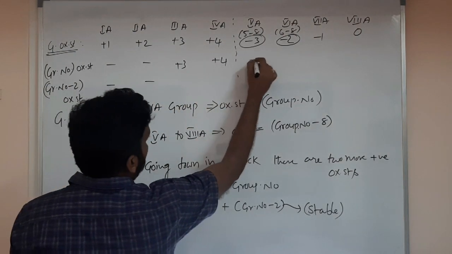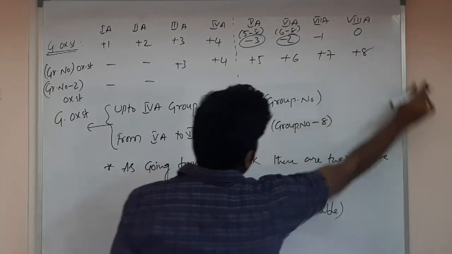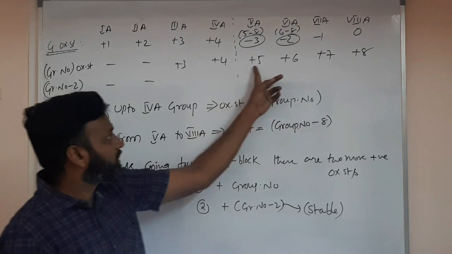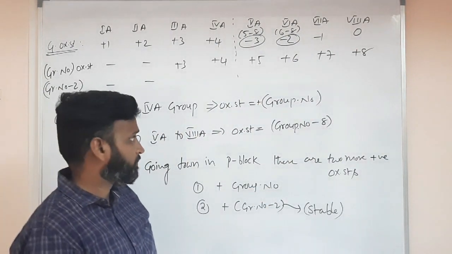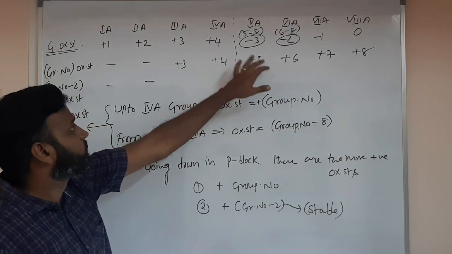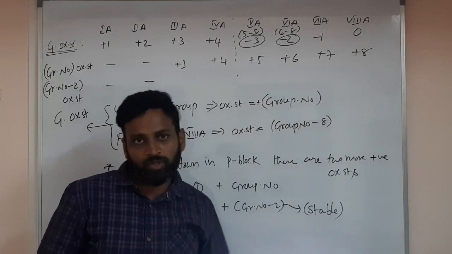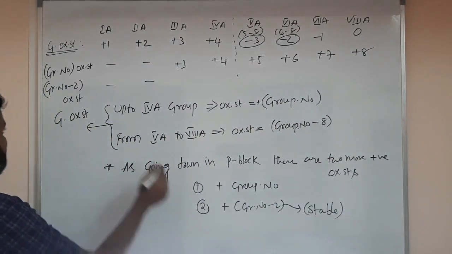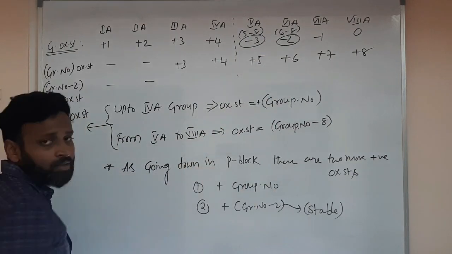Here plus 3, plus 4, and plus 5, plus 6, plus 7 and plus 8 are possible, but these are possible as going down. Understanding? So in these groups, plus 5 possible, plus 6 possible, plus 7 possible, plus 8 possible. For nitrogen, not plus 5 like that.